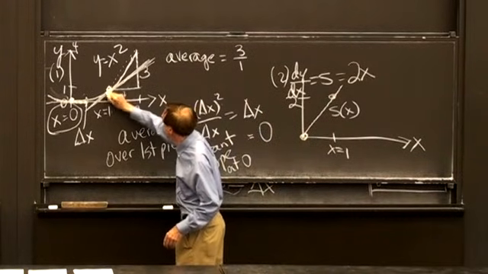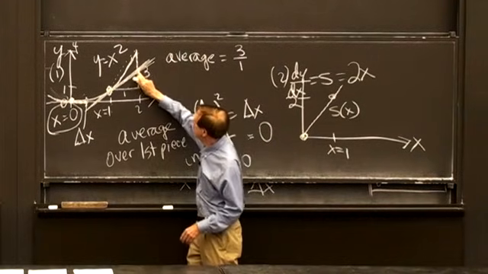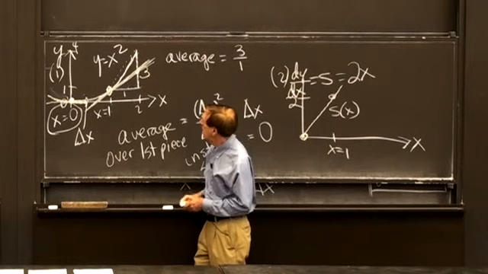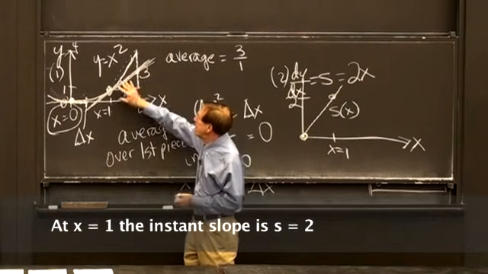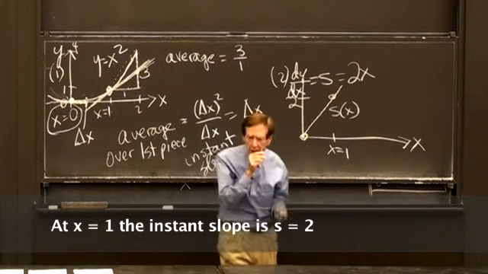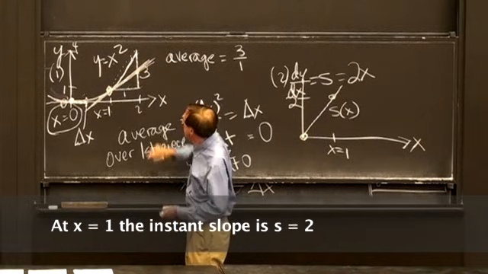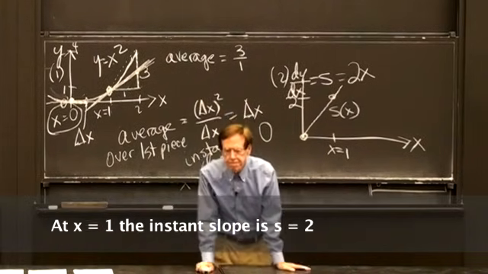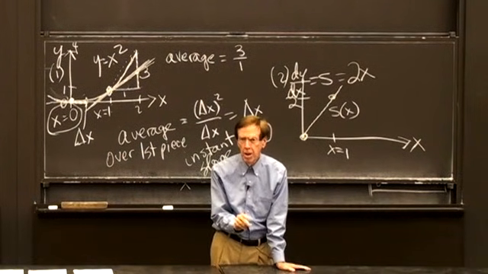The actual tangent line is only there. Yeah, well, the slope is 2. It's not Rembrandt, but the math is okay.